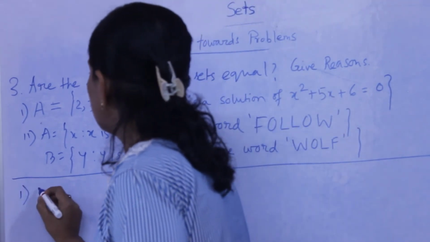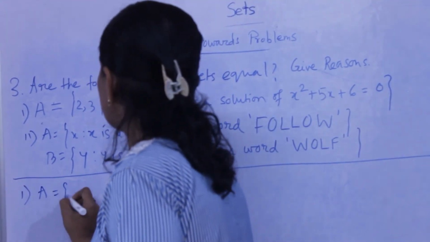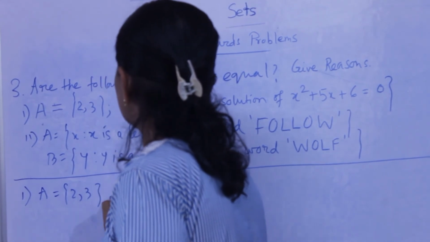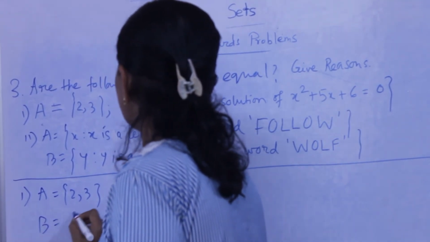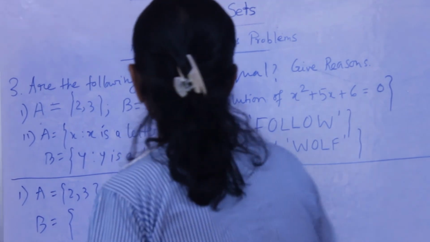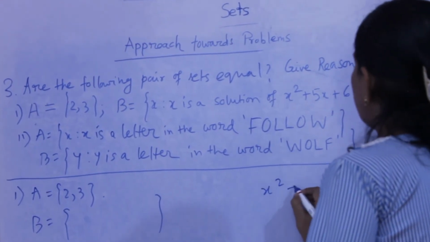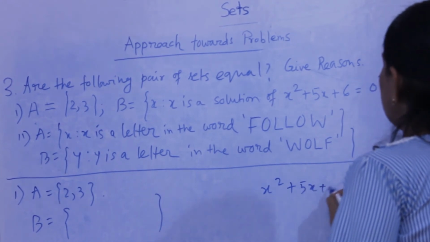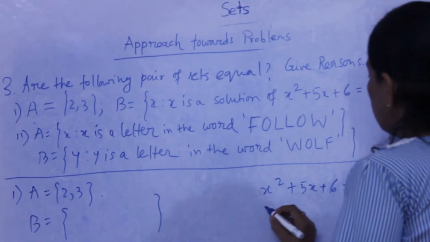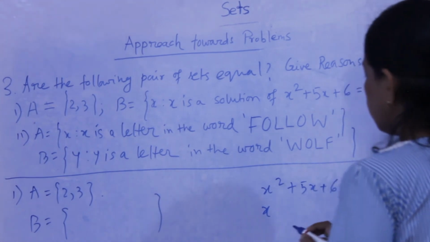So A equal to {2, 3}. For the B set we have to find the data. Here a clue is given, that is x square plus 5x plus 6 equal to 0. So we have to factorize this equation.